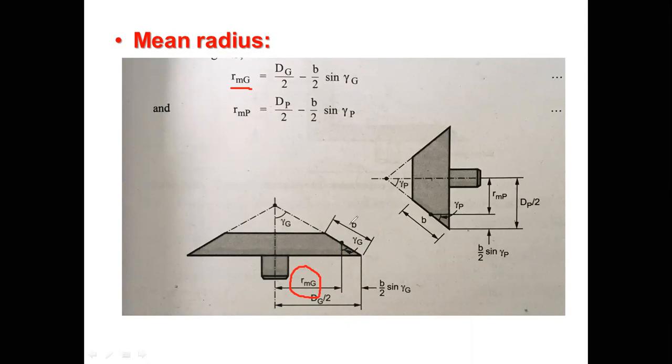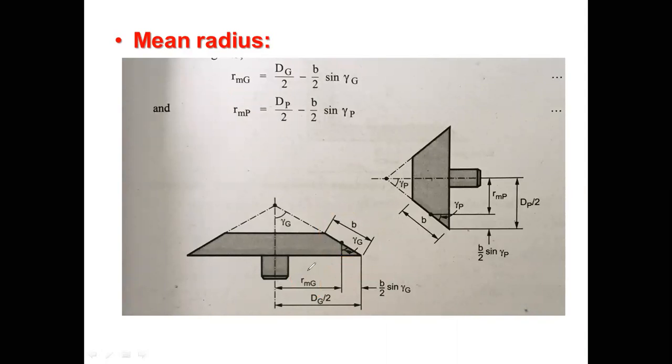If we see this portion, we have to calculate this distance, and this distance is b by 2 into sine of gamma g.